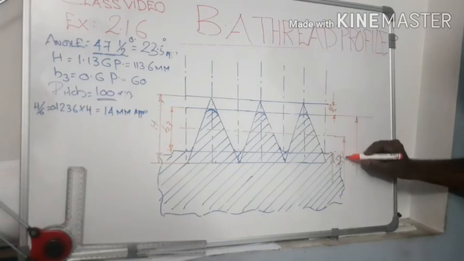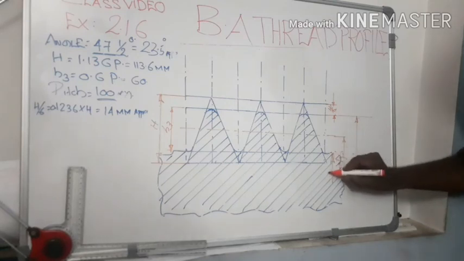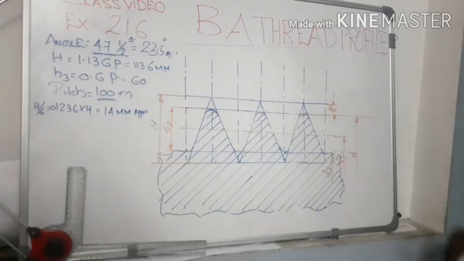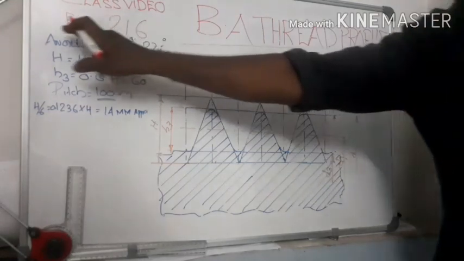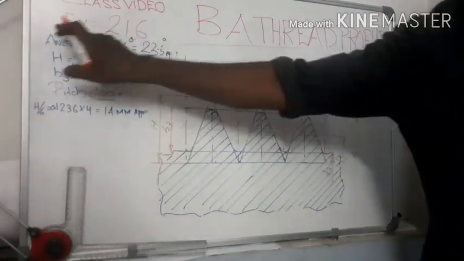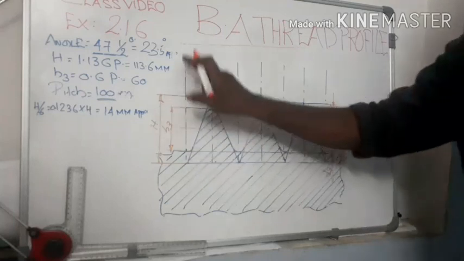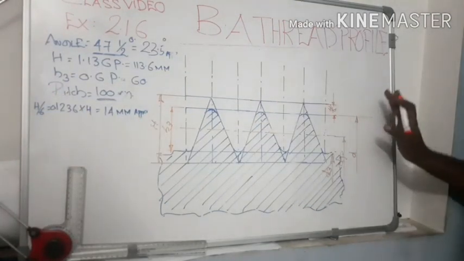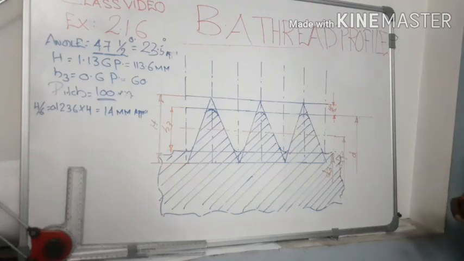That means pitch diameter. And this is the root diameter d3. And this is the major diameter D. D, dp, d3 and its parameters are marked here. All parameters are marked, and the values are shown here. Then we have to complete our BA thread profile.